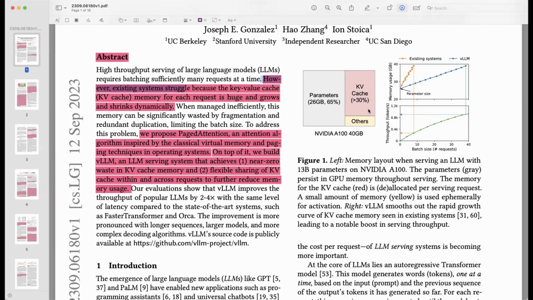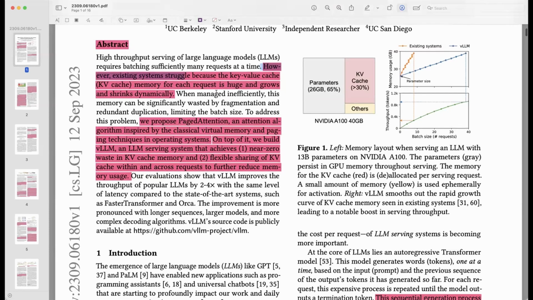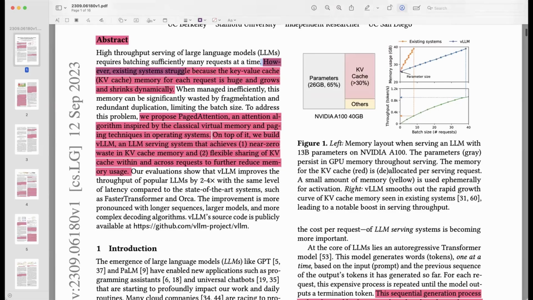There are very few models which can do dynamic sizing. So this dynamic changing of memory per request is the most challenging part here. The reason being, it's not just about how much memory you use, but also about how you allocate and use it, so that you avoid fragmentation and duplication and you're not wasting memory.